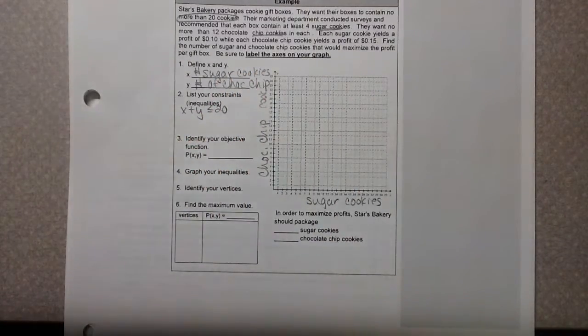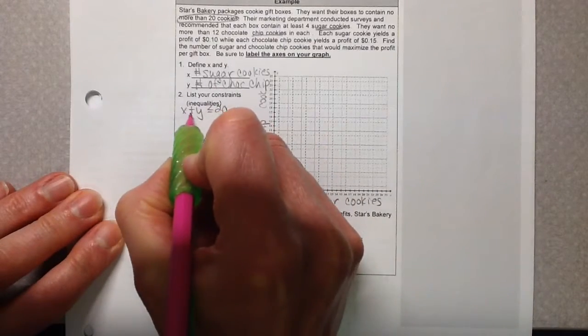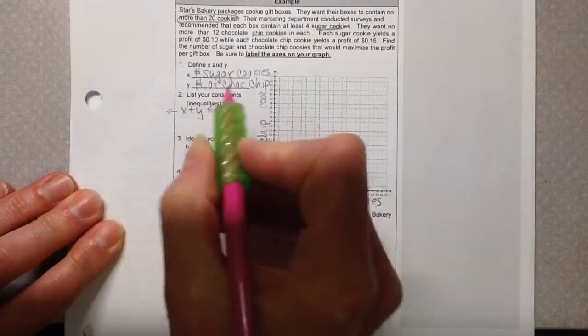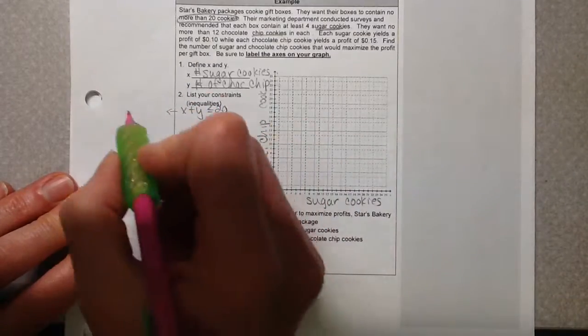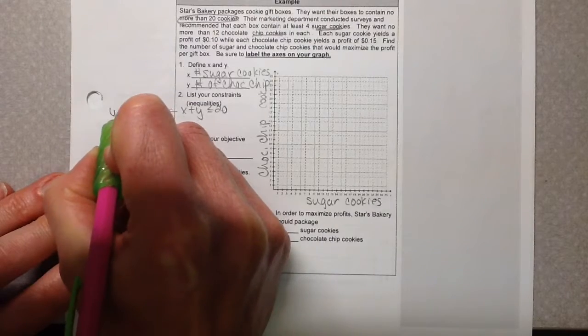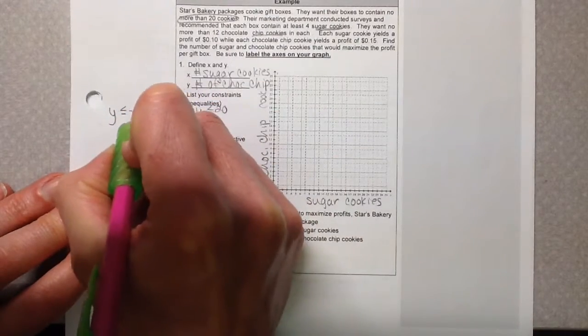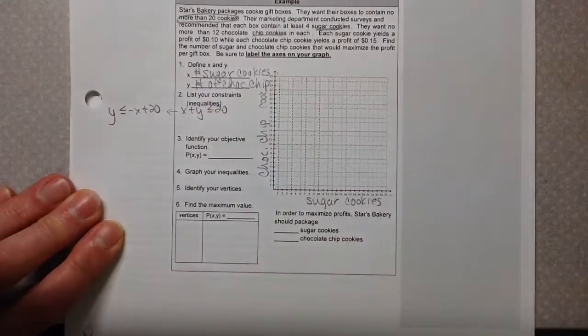All right, let's put that in slope-intercept form before we graph that. If we subtract x from both sides, that's going to be y is less than or equal to negative x plus 20.